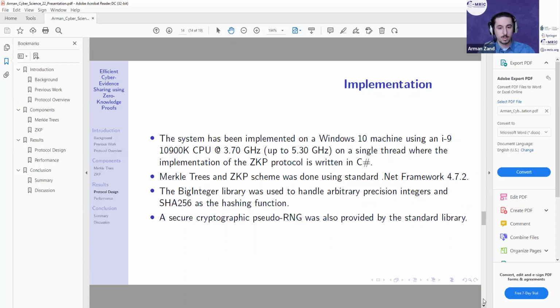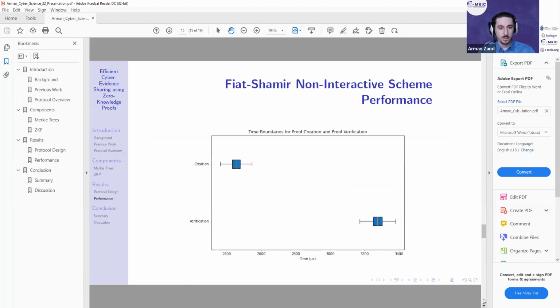If you show me the next slide, please, the performance of the scheme. So here I just want to give an idea of how long it takes to create a proof, and also how long it takes to verify one. It takes just about 2.5 milliseconds to create a proof and 3 1/3 milliseconds to verify one.